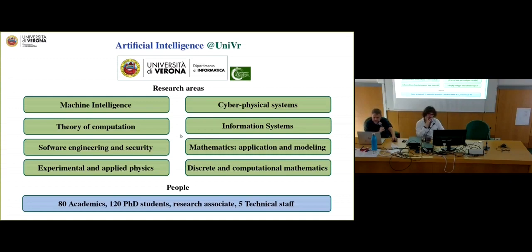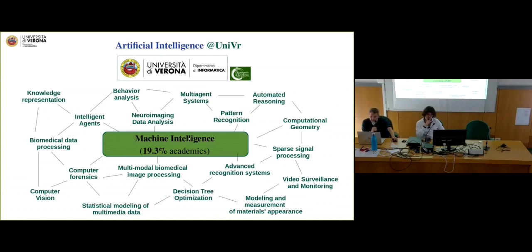The master degree is focused mainly on the research in the machine intelligence area, where we have about 20% of the academics of this department. As you can see here, there are a lot of research topics investigated in this department.